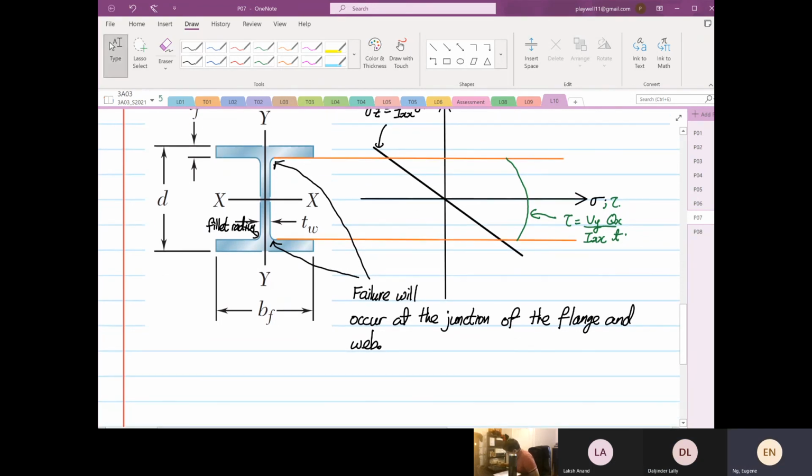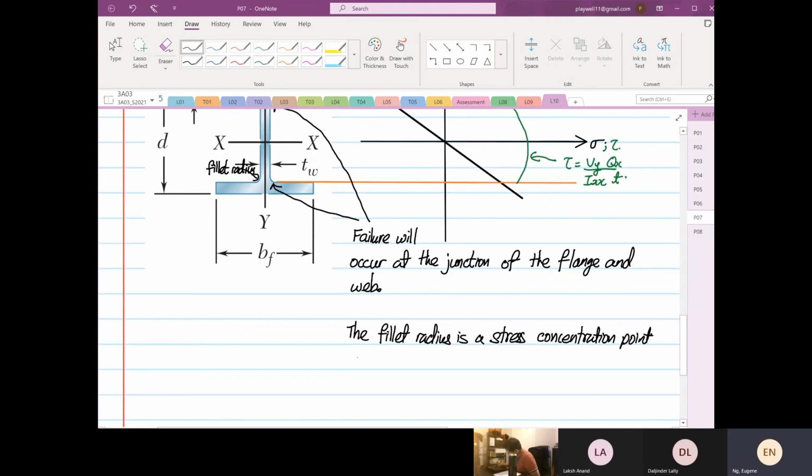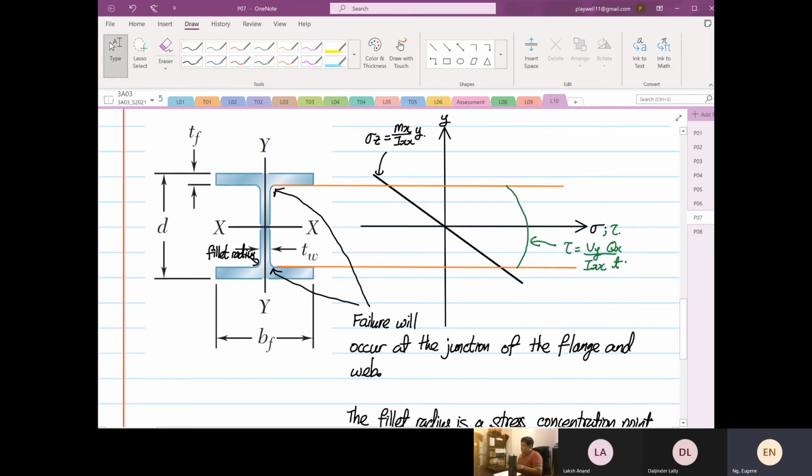The fillet radius is a stress concentration point. For 3AO3, I'll need to teach you how to calculate the stresses of the structure excluding the effect of fillet radius.